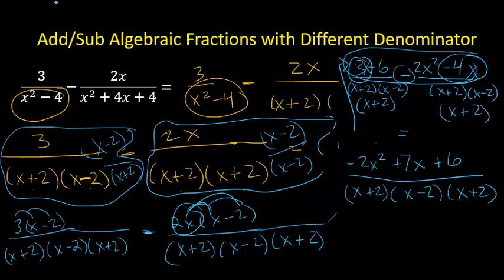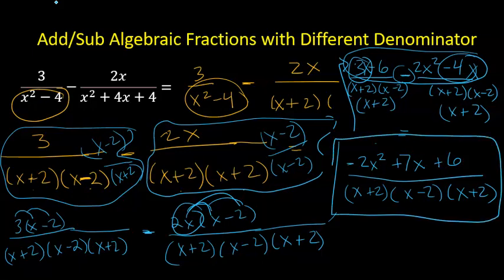Yeah, great. This is the final answer right here, this whole thing, because I can't do anything any further. 2x, yeah, I can't factor that out. Yeah, this is the final answer.